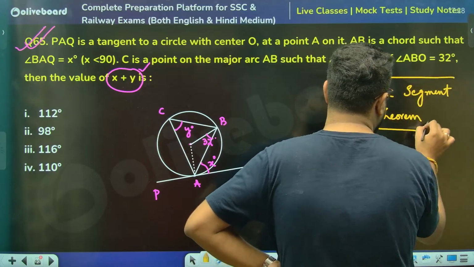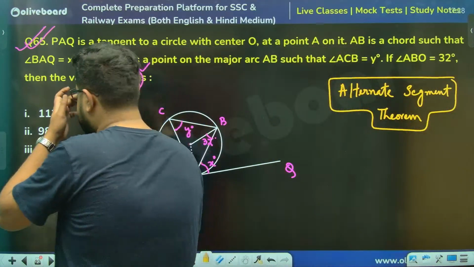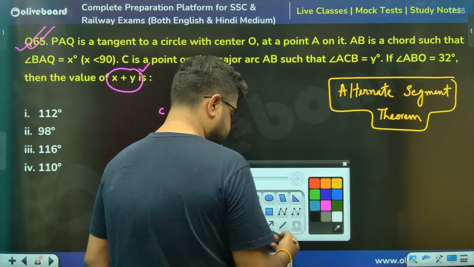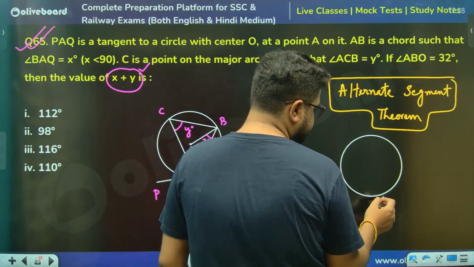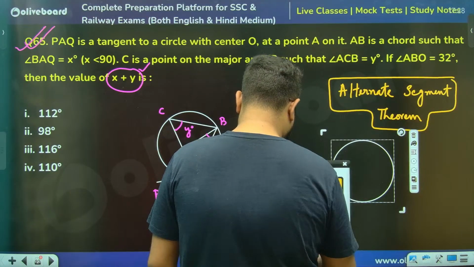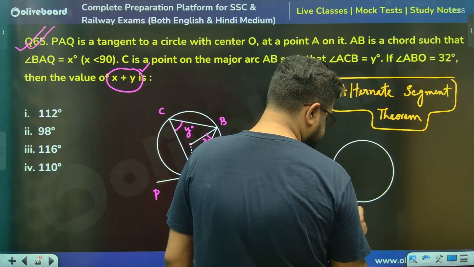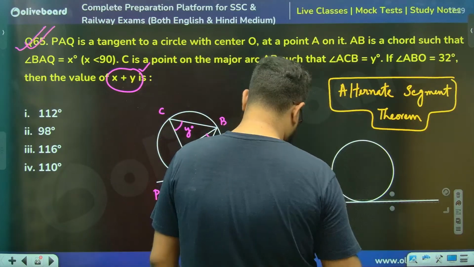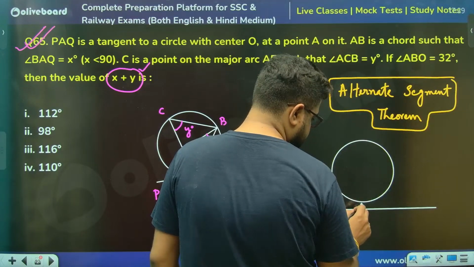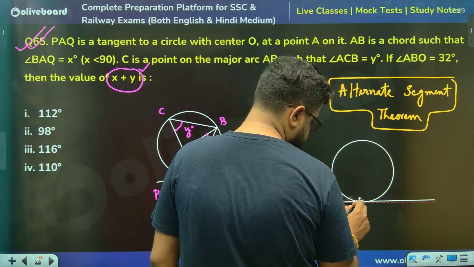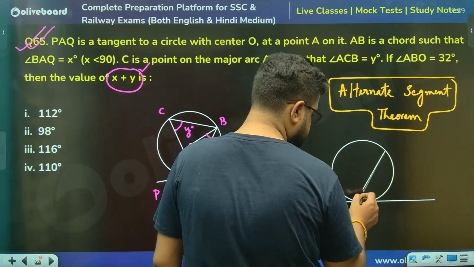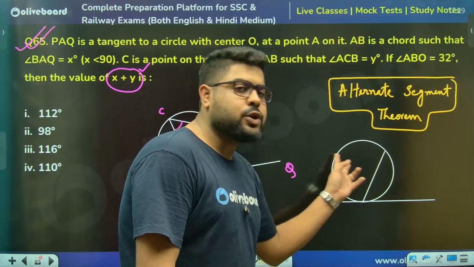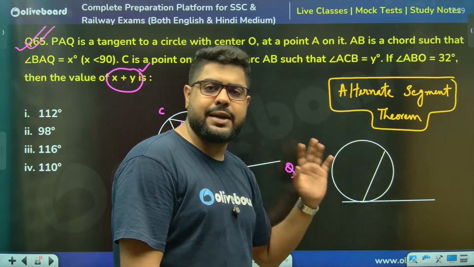Understand what it says. It says that if you have a circle like this and it has a tangent, like this, and if you draw a chord here, it will divide the circle into two segments, one smaller segment and one bigger segment.